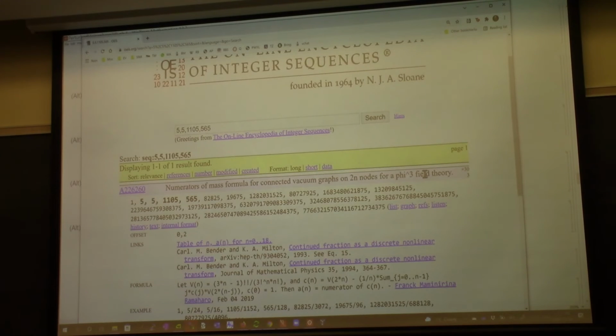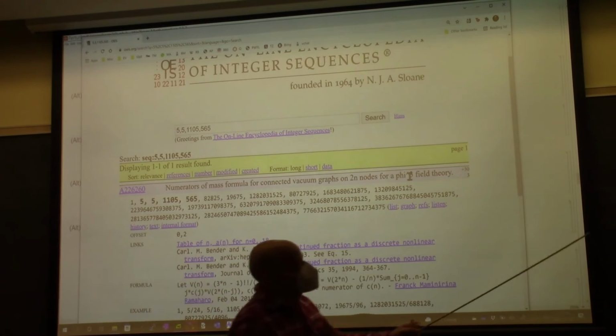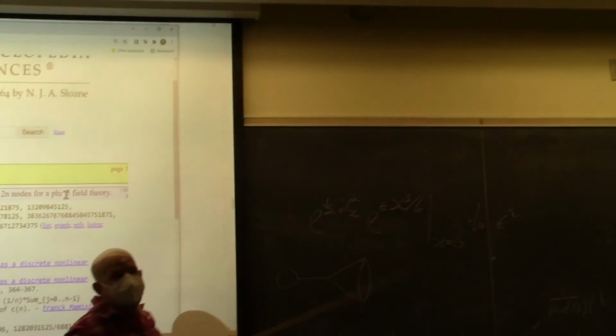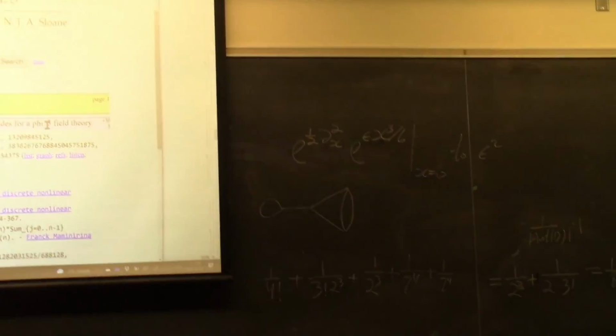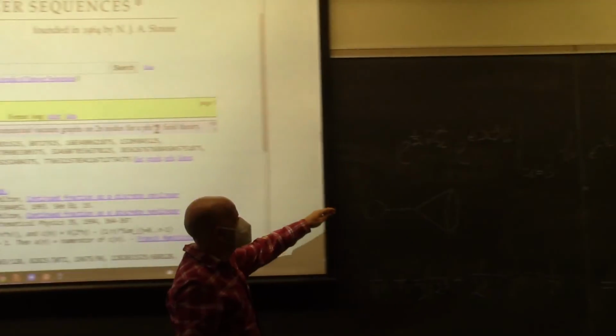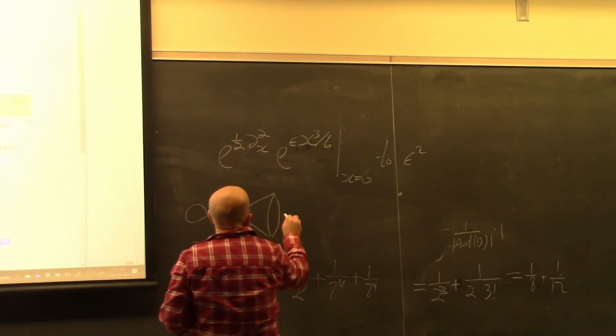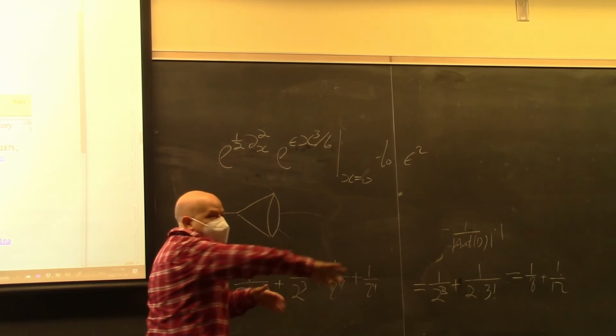So let me translate it to basic English. So phi cubed field theory is this x cubed here, except physicists like to call it phi. Vacuum graphs means closed graphs. They have no extra edges going to the outside.